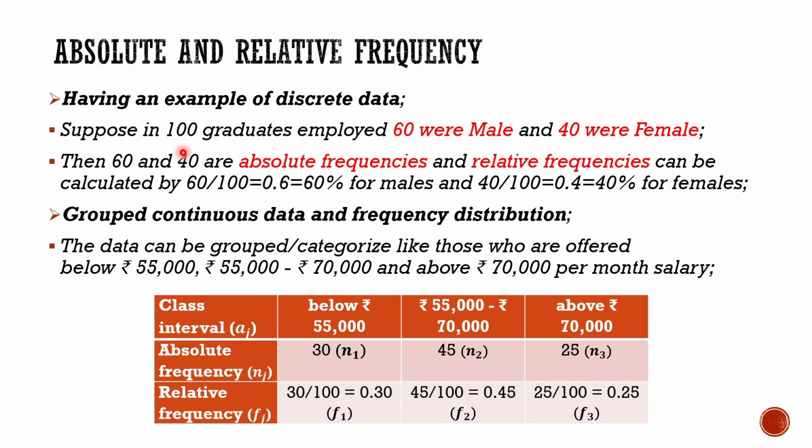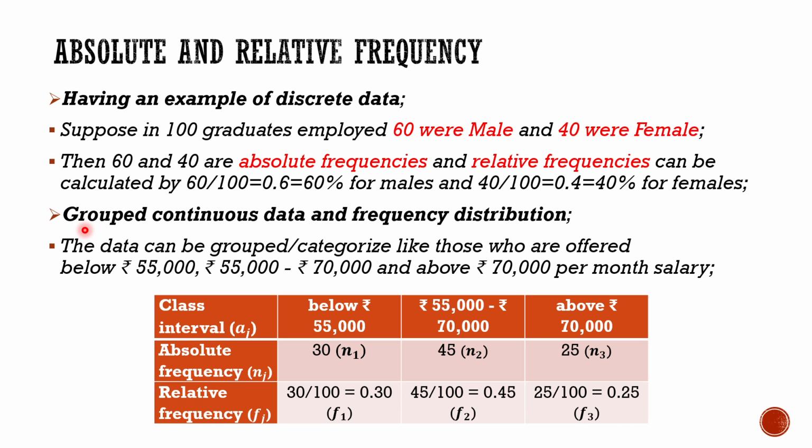So here the sample size is 100, and for male, that is a particular category, we have an absolute frequency of 60. So 60 divided by 100, and we get 0.6 in proportion, or if you want it in percentage, you can multiply it by 100 and you'll get it in percentage terms. So 60% for males and 40% for females. This is the relative frequency.